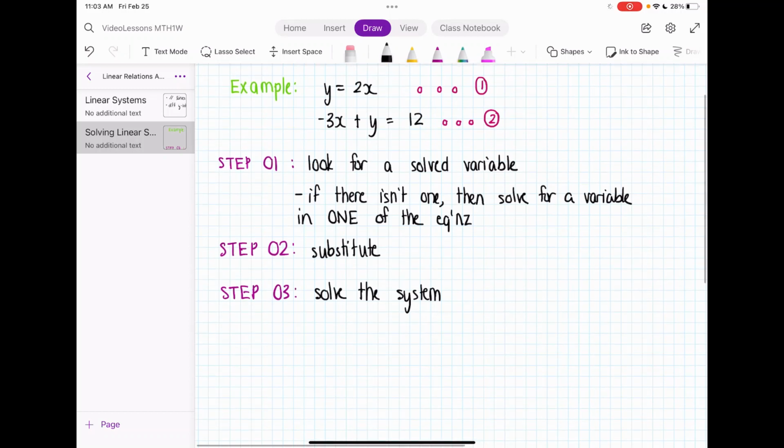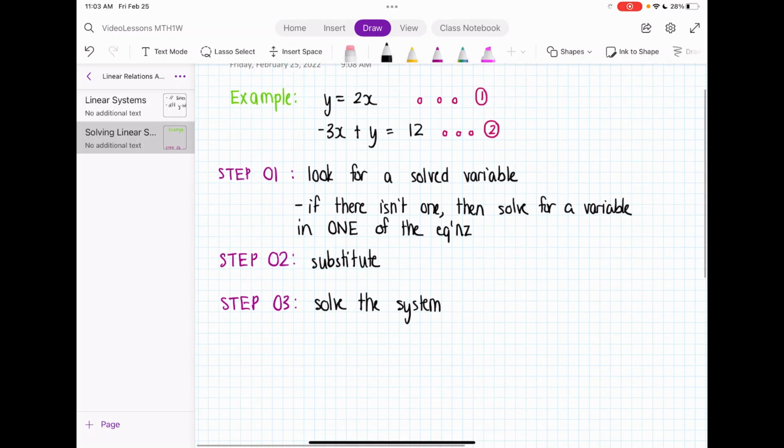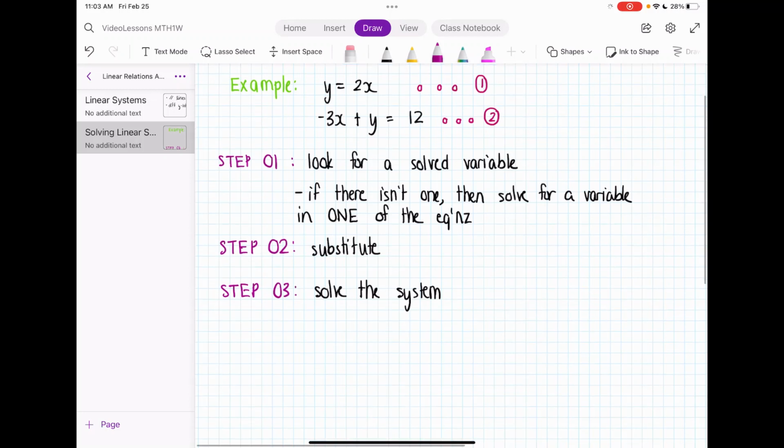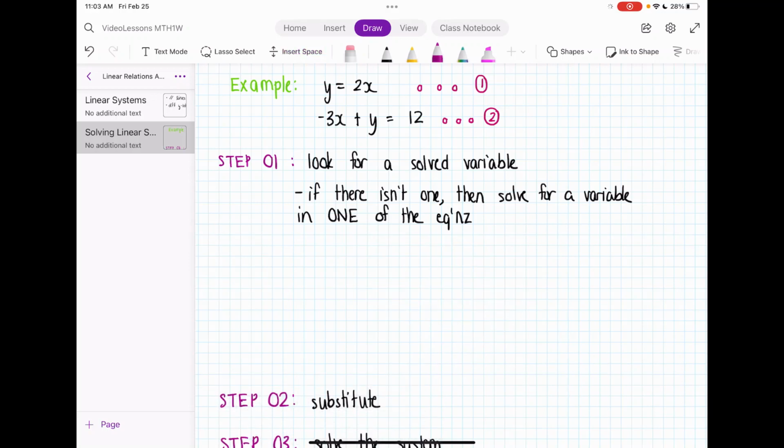Okay, so when we are looking at step 1, where step 1 says look for a solved variable, I'm now going to create some spaces so you can see all the steps as we go along. So step 1 is look for a solved variable. If there isn't one, then solve for the variable.